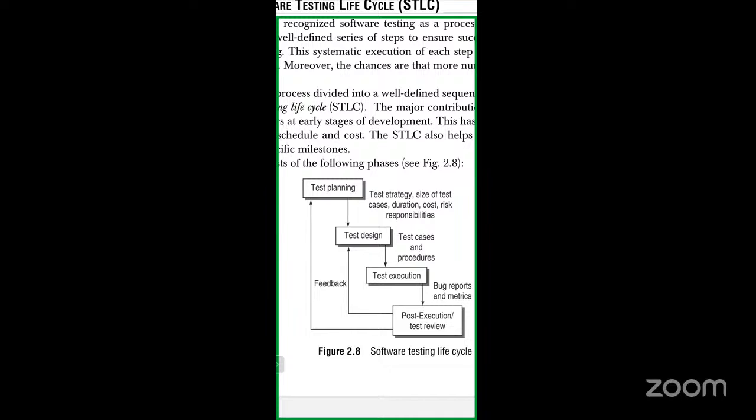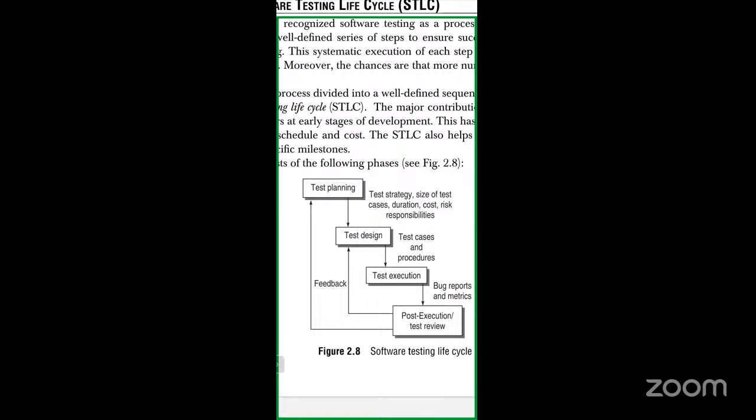Then the size of the test cases, whether it is small, medium, large, or extra large. And then the duration: is the testing going to take months, weeks, days, or maybe years? How much time is going to be taken for this particular testing, we are going to check.